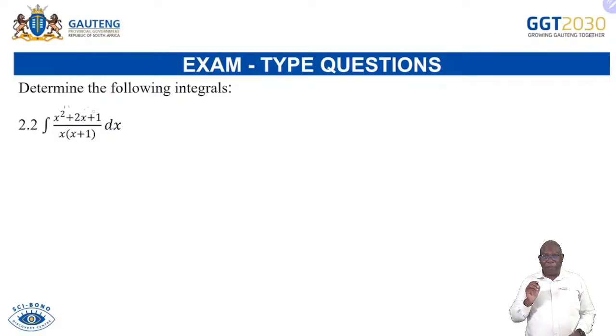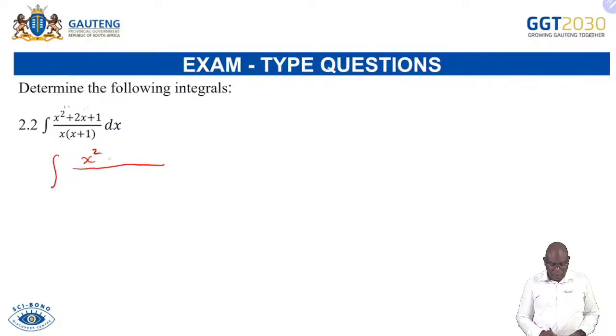So when I'm simplifying, I'm not going to let go of the integral sign. So meaning that my integral sign will remain, divide x squared. Okay, sorry. I must factorize the top part. So I'll have x plus 1 and I'll have x plus 1.